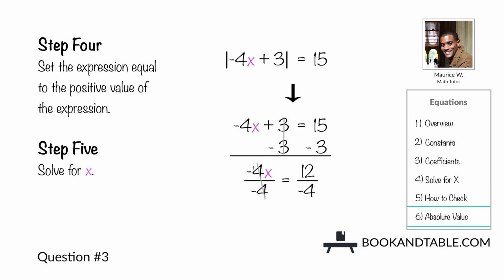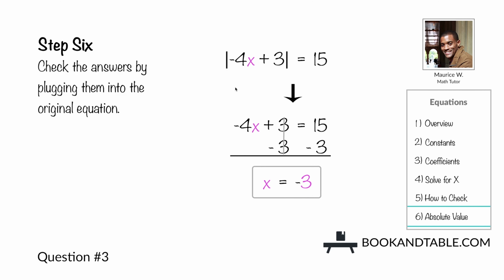Lastly, you negate the coefficient -4 by dividing both sides by -4. So you wind up with x is equal to 12 divided by -4, which is equivalent to x is equal to -3. And we can check both of these answers by plugging them into the original equation.